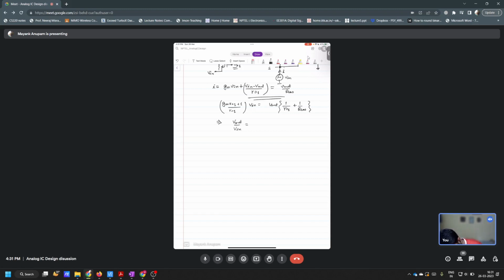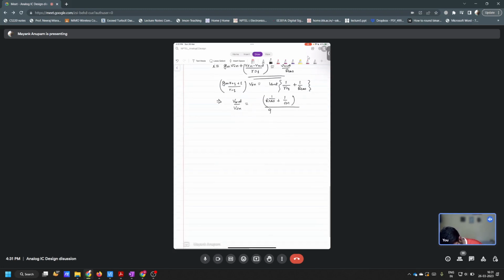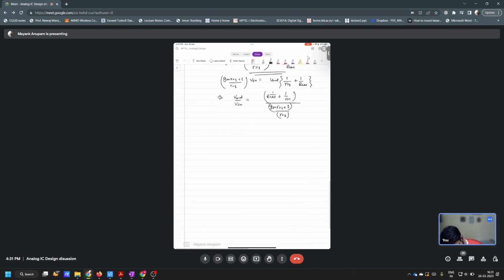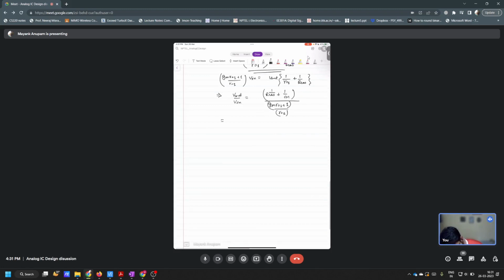It will be equal to Gm RO1 plus 1 divided by RO1, divided by 1 by R cascode plus 1 by RO1. Fine?